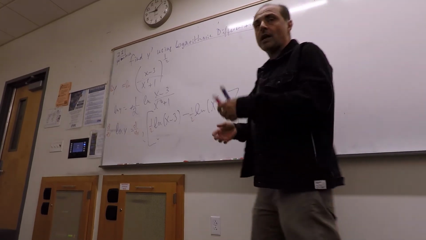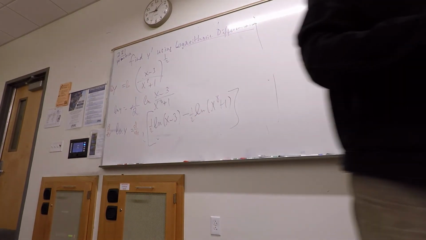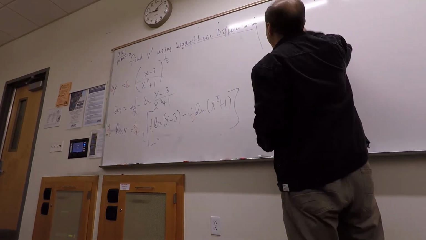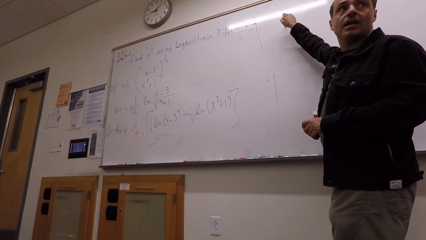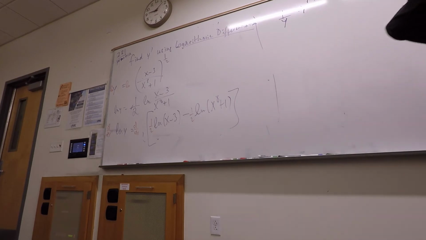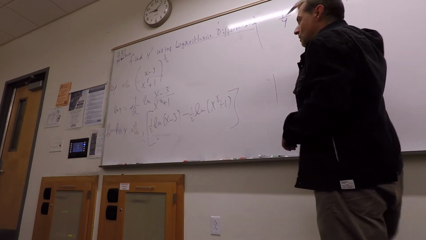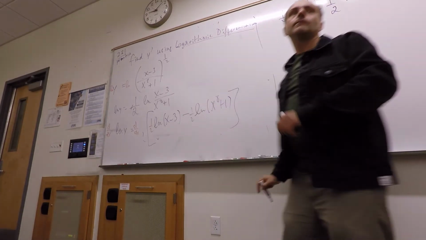Left side: it's 1 over y times y prime, by the chain rule. 1/2 is there. What is the derivative of that?